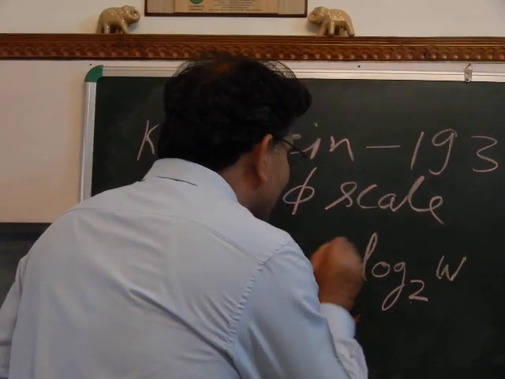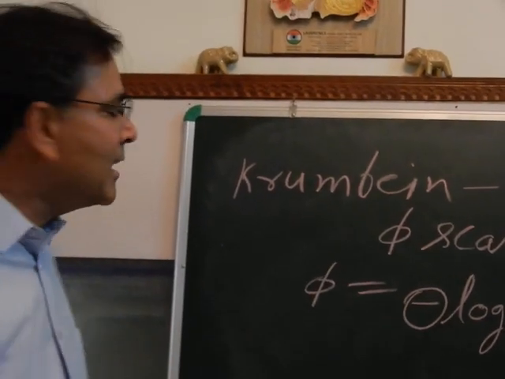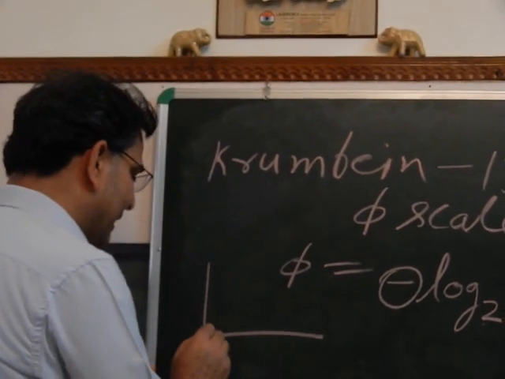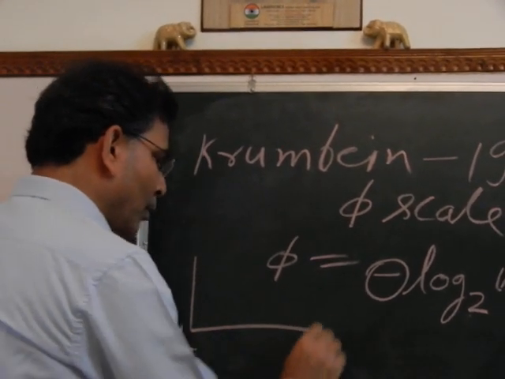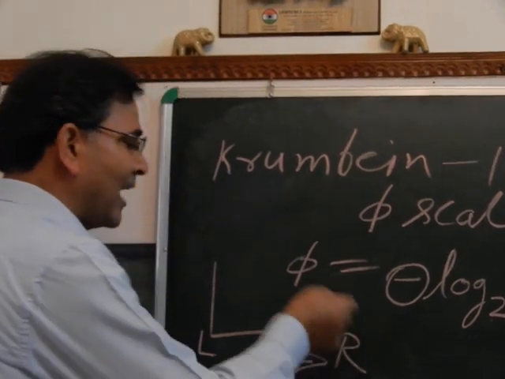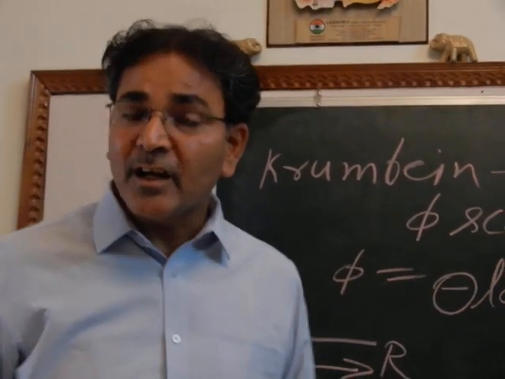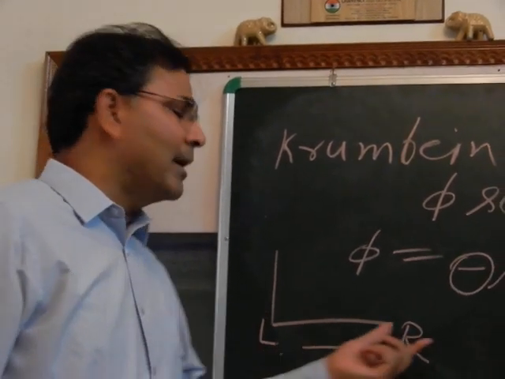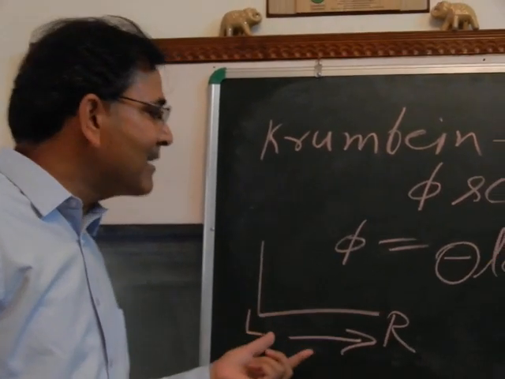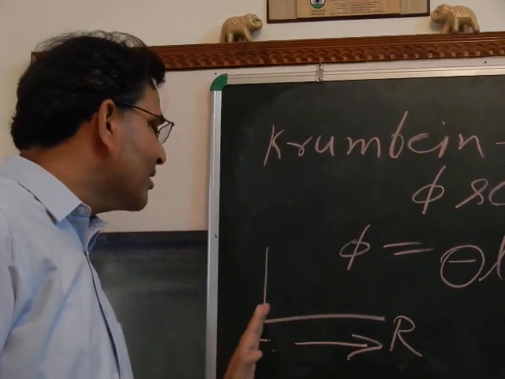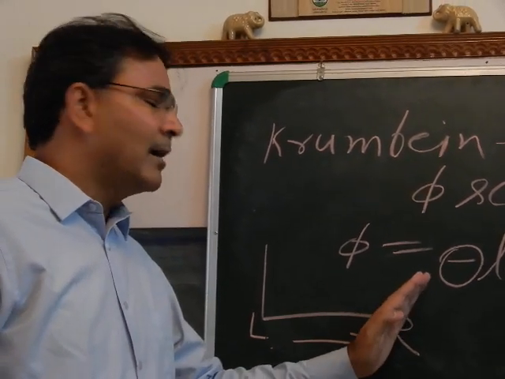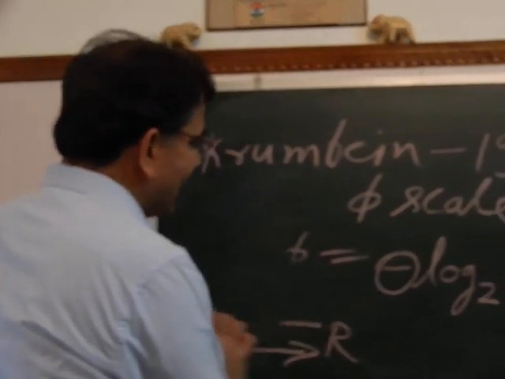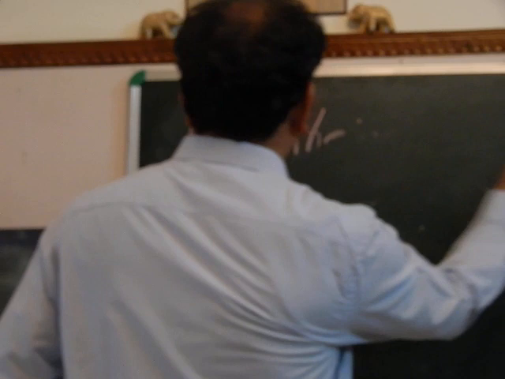This negative sign is used because on the probability curve the size decreases from left to right. Generally any number on a scale increases from left to right, but in grain size analysis the size decreases from left to right on the probability curve. That's why we use the negative term in the Krumbein scale.